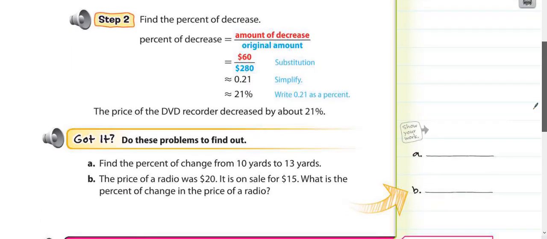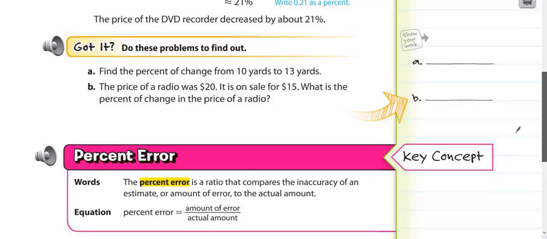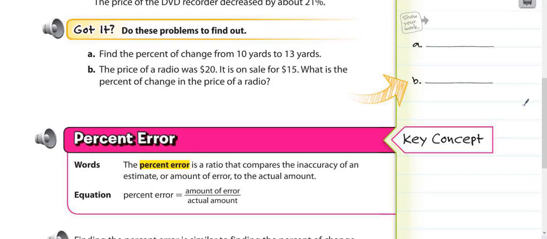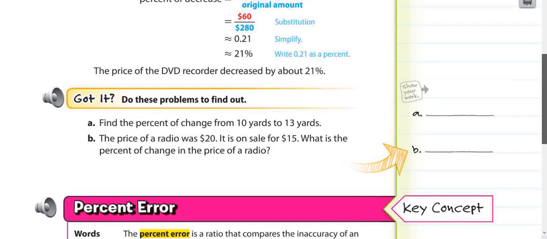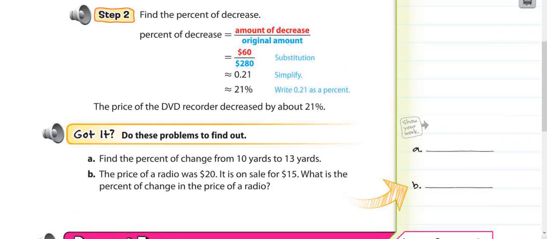Okay, so now you've got a couple of got it problems. Here's what I'd like you to do. I'd like you to pause the video and work on this first got it problem, percent of change from 10 yards to 13 yards. When you do it, answer these questions. There are actually 3 questions. Question number 1, how much did it change?